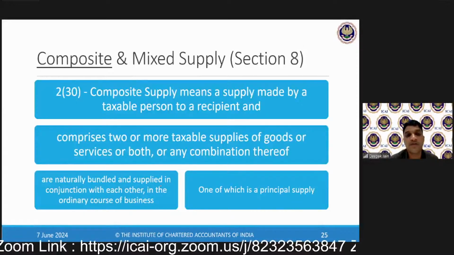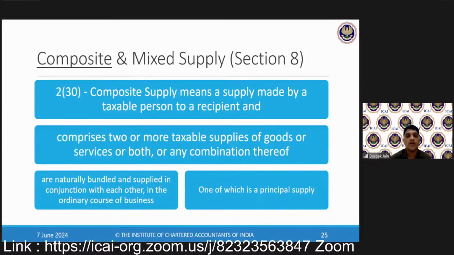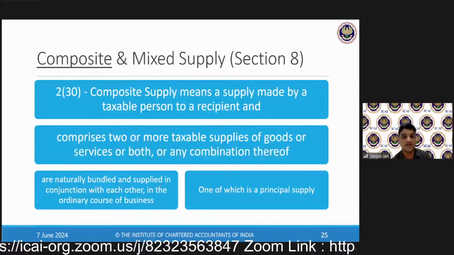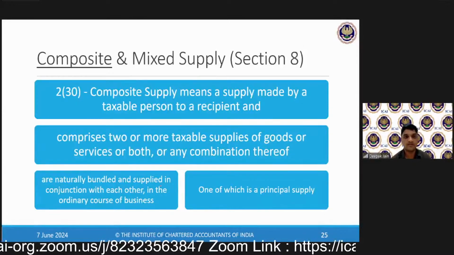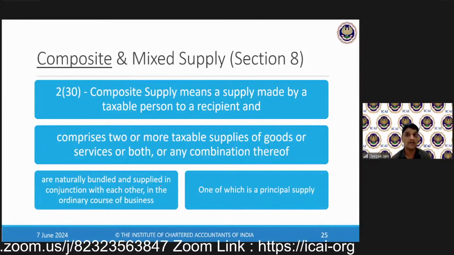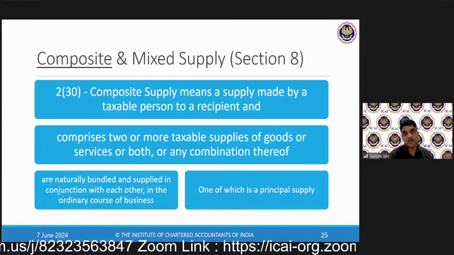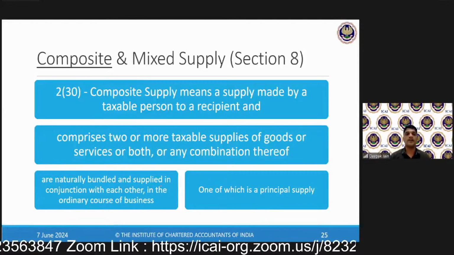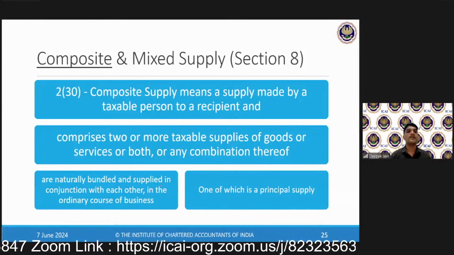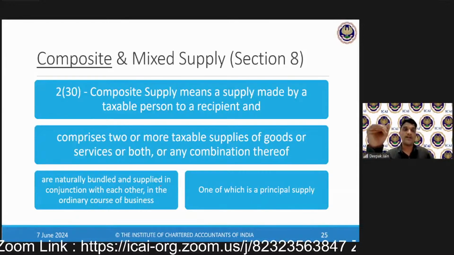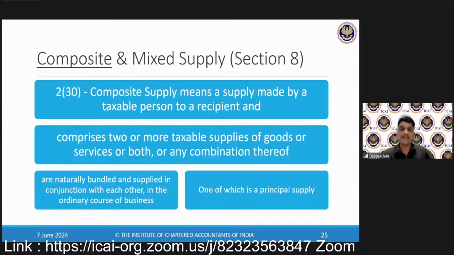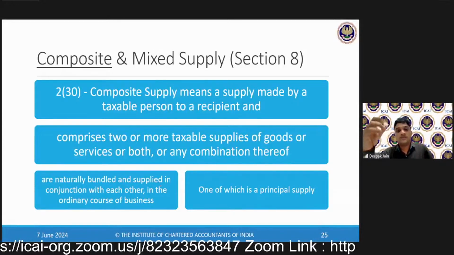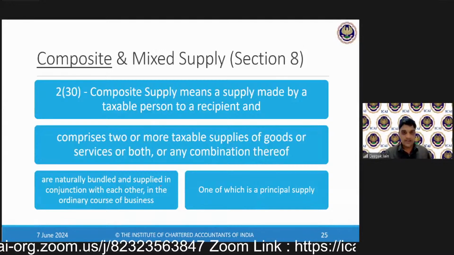What is a composite supply and what is a mixed supply? Composite supply means a supply which is made by a taxable person to a recipient. I am reading the composite supply definition; section 7 is done, and now we are moving to section 8. A composite supply means a supply which is made by a taxable person to a recipient only.